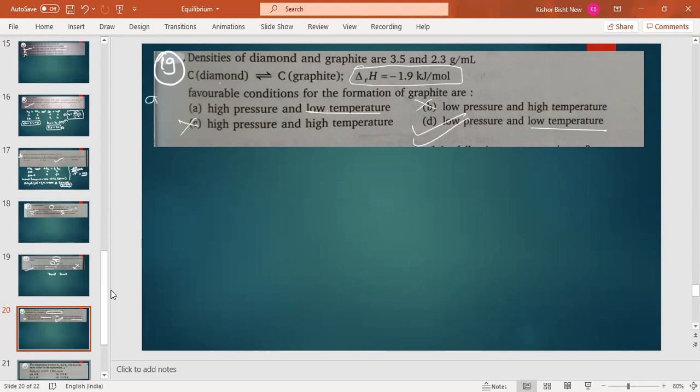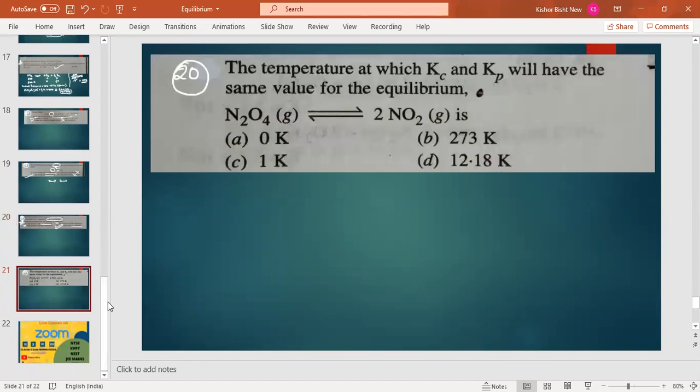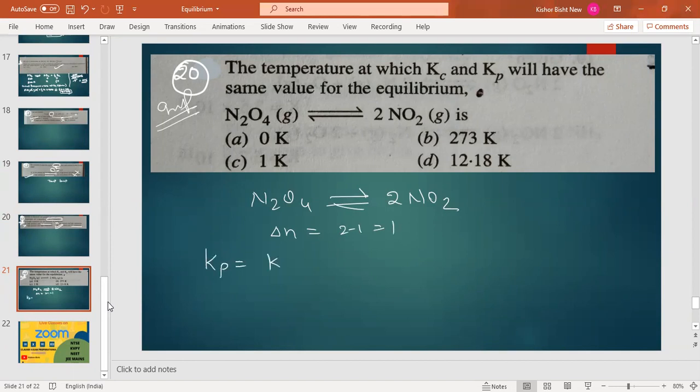It is the most important question. Come to the next. The temperature at which Kc and Kp will have the same value for the equilibrium. Most important, this one also. Here N2O4 reversible to twice NO2. So delta n is equal to 2 minus 1, which is 1. So Kp is equal to Kc into (RT) to the power delta n, that is 1.